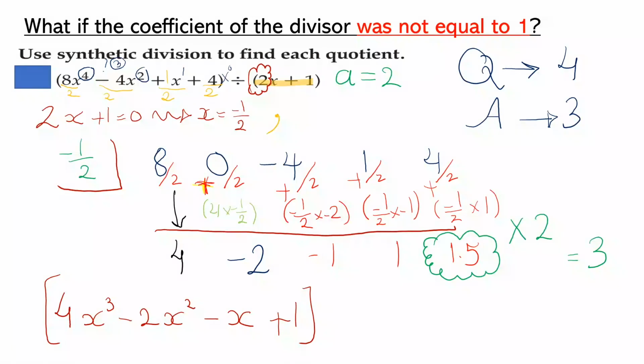And whenever you have a remainder, you must add it to your answer as a fraction. And later you will be taking another way, which is the remainder theorem. How can you change it to another form without writing it as a fraction?